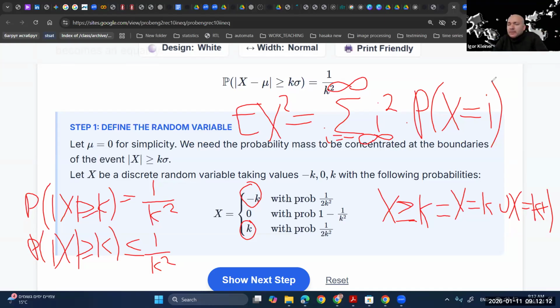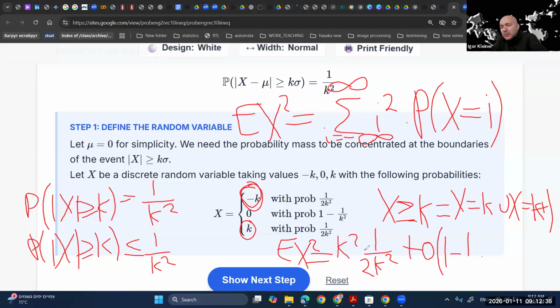So how do we get from 1 over 2 k squared to the expected value of x squared? We have the solution below. It equals k squared times 1 divided by 2k squared, which is 1 half, plus 0 times 1 minus 1 divided by k squared, which is 0, plus k squared times 1 divided by 2k squared.